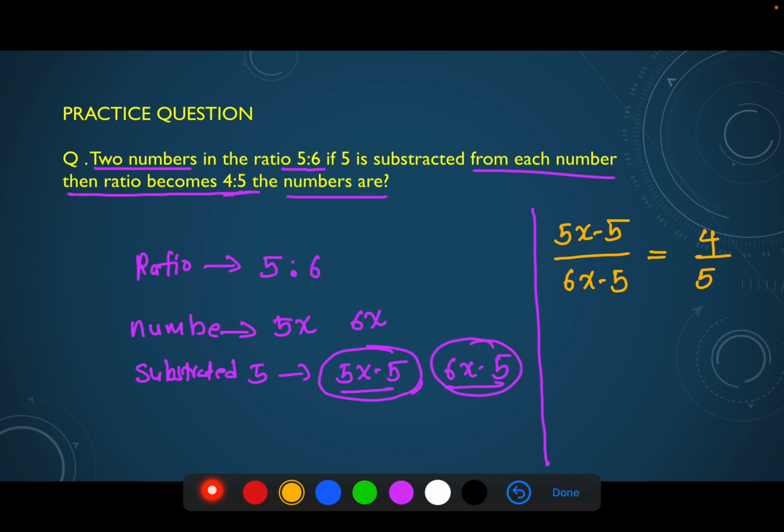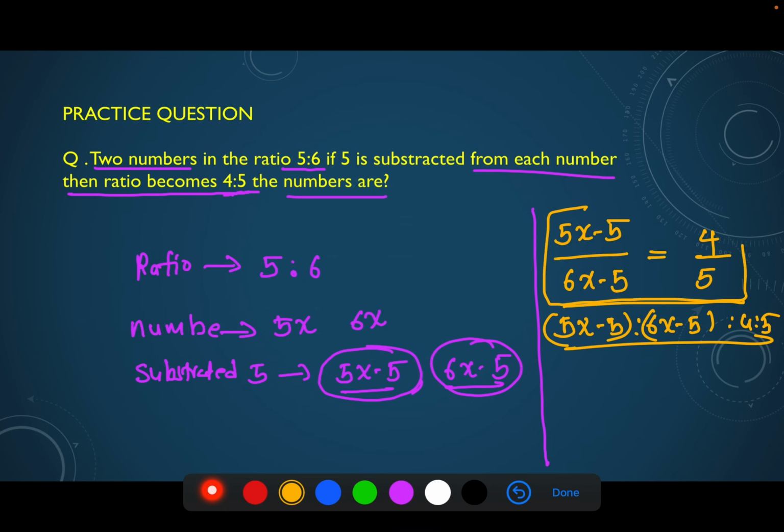Yes, we can, because this is also one way of expressing that they are in ratio. Both are the same, we are expressing the rule. I think you have got some clarity.